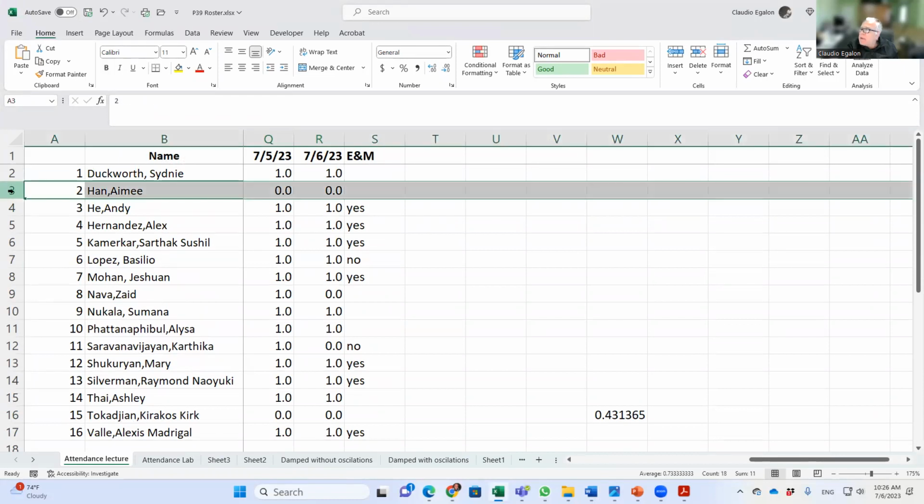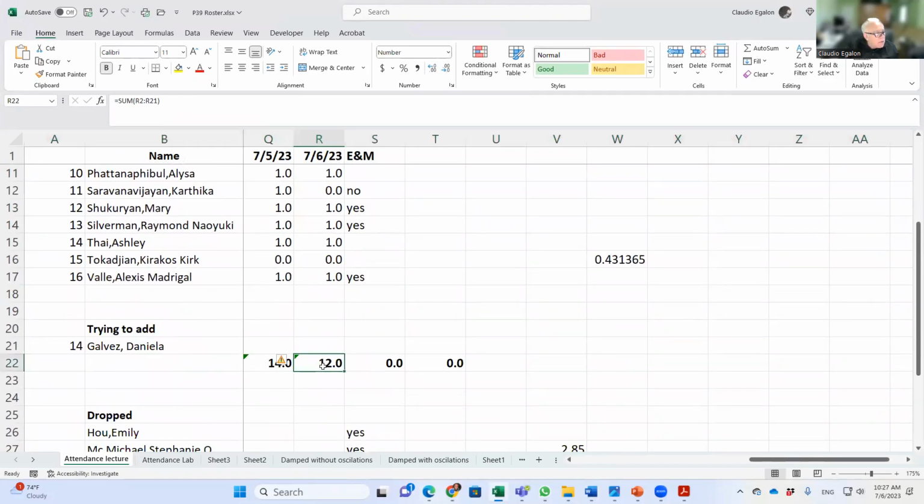Aini, are you there? I don't see Aini there. There are 13 students, but I have only 12 here. Let's see what's missing. Karsika, are you there? Just say you're there so I can put attendance. I'm going to give Karsika a star here for now.